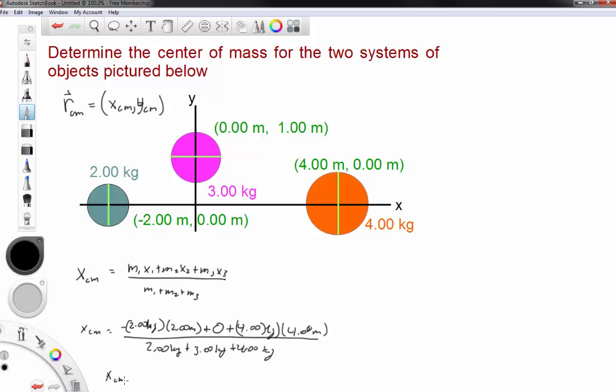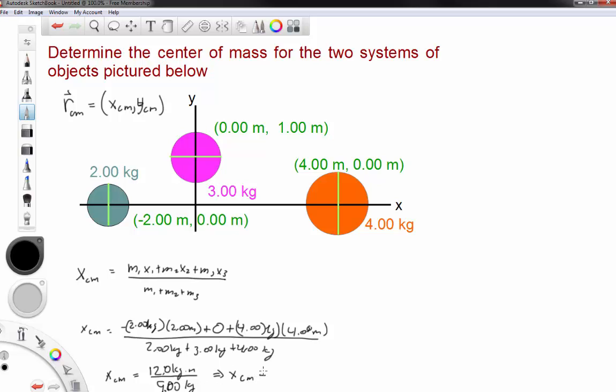All right, so our x center of mass is going to be minus 4 plus 16, which is 12.0 kilogram meters, over 2 plus 3 is 5 plus 4 is 9, so 9.00 kilograms.